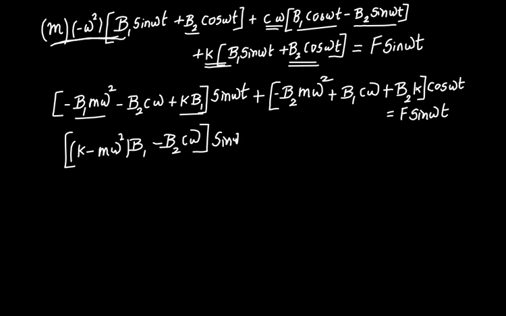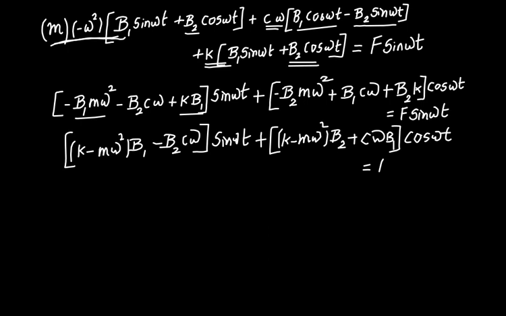In exactly the same fashion, can I do something over here? Well, I can take b2 common outside. I'll be getting k minus m into omega square into b2 plus c into omega into b1, and that into cos omega t is equal to f into sine omega t.